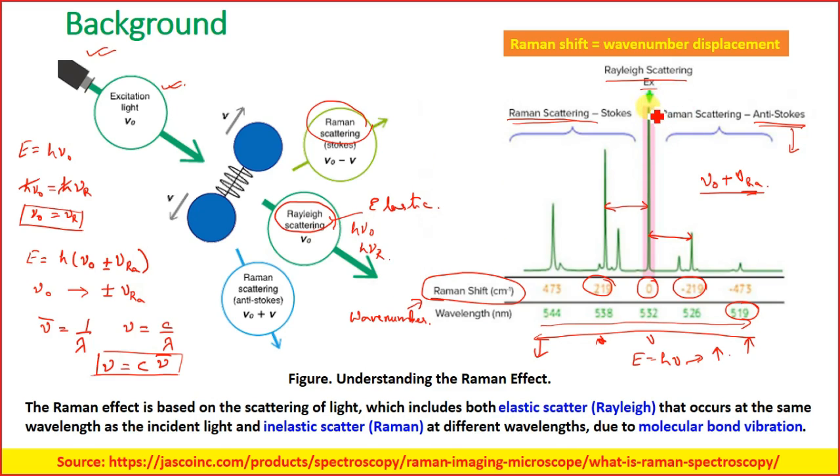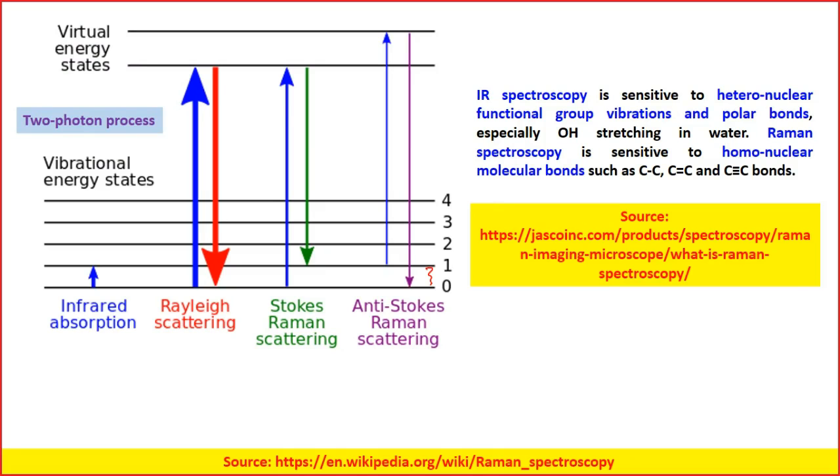So if you are not able to eliminate the Rayleigh scattering, then the resolution or the intensity values of the Raman scattering lines will not be obtained suitably.